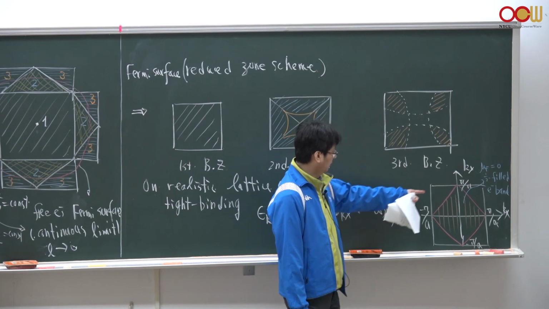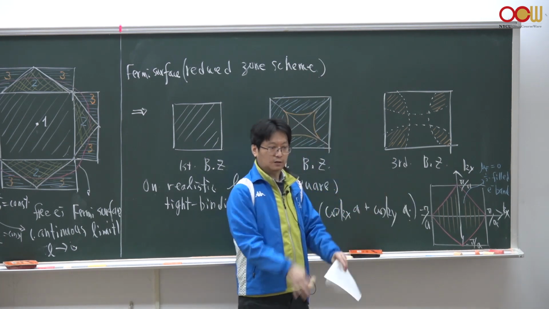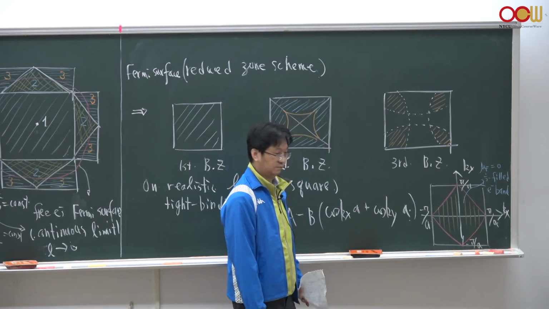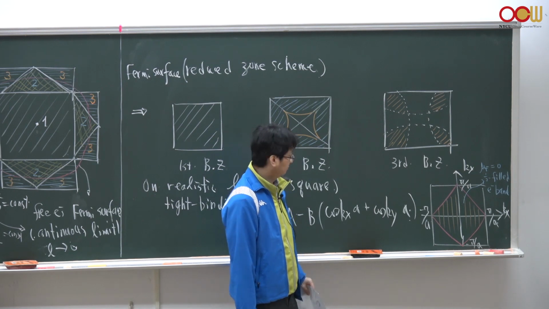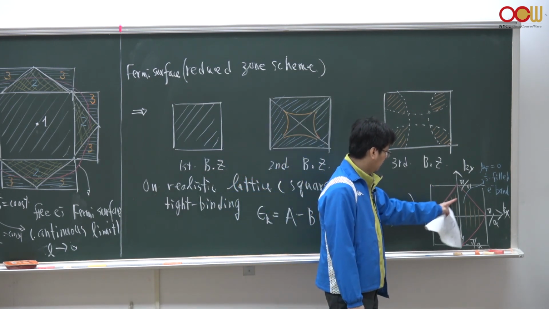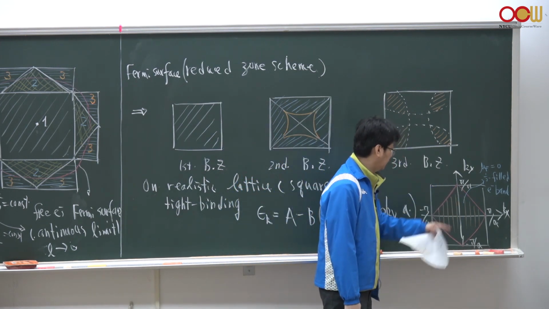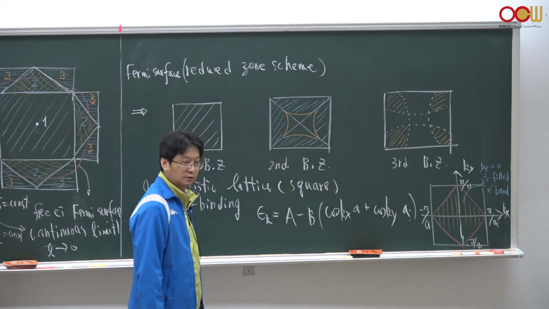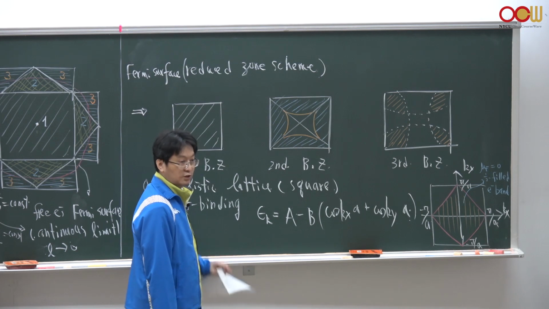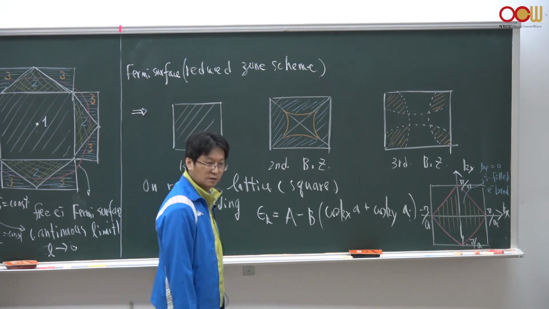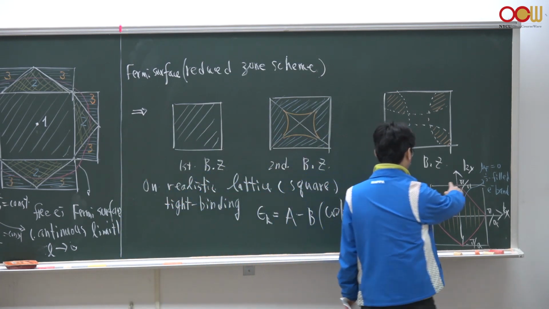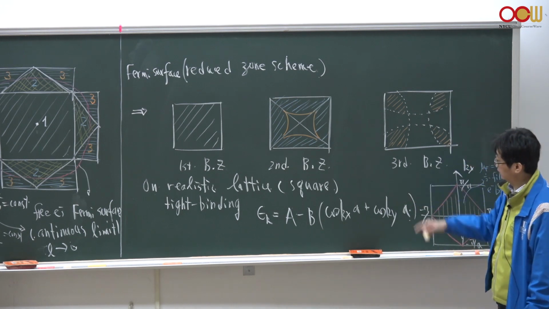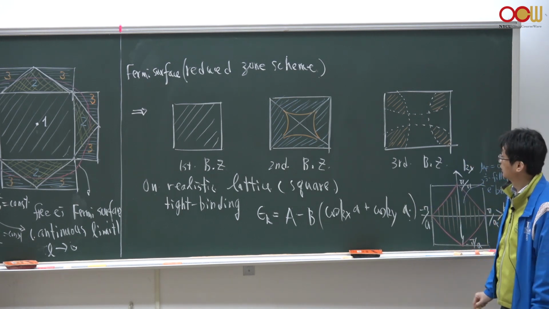If you consider the half filling of this band, you could easily see that this diamond shape is the Fermi surface corresponding to the half-filled electron band of the tight binding metal. So it's not a circle, but a different geometry in a realistic lattice case.